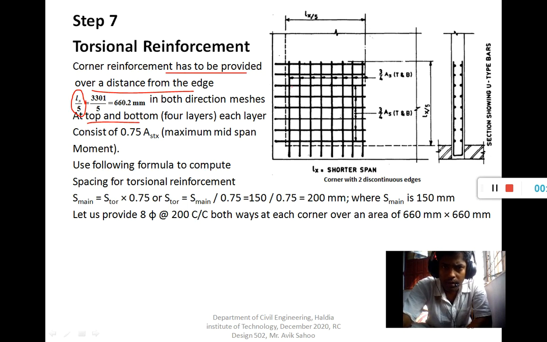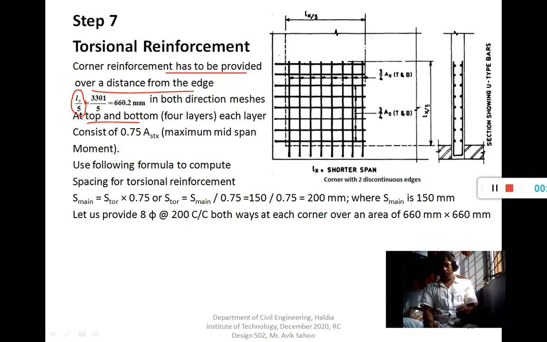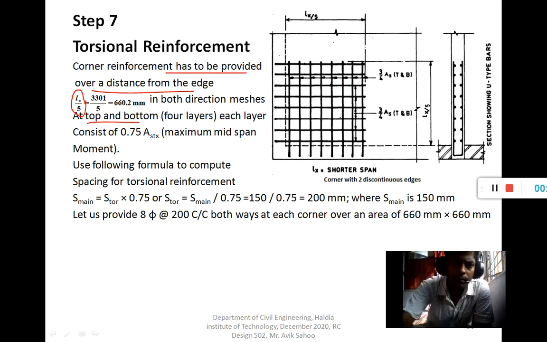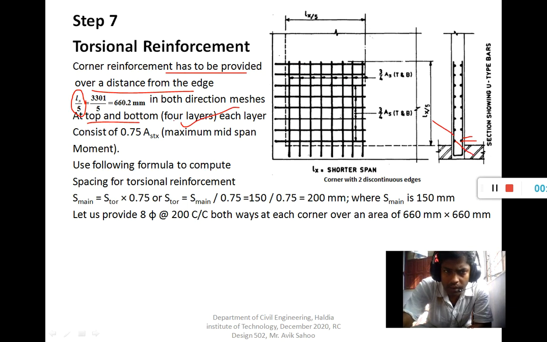At top, right angle bars are placed. How many layers are used? 4 layers. Just U-shape bars: you see this is 1 layer, this is another layer, 2 layers, then 3 layers, and the 4th layer. Each layer consists of 0.75 Ast, where Astx is the maximum span moment reinforcement.